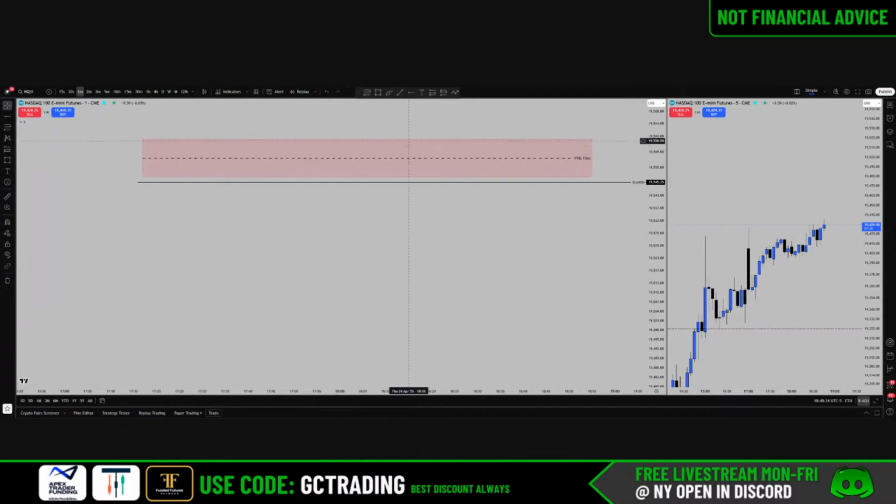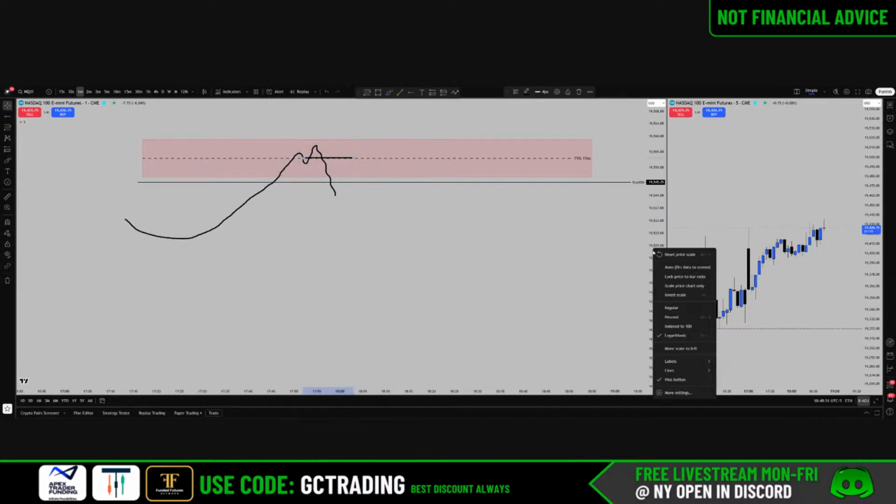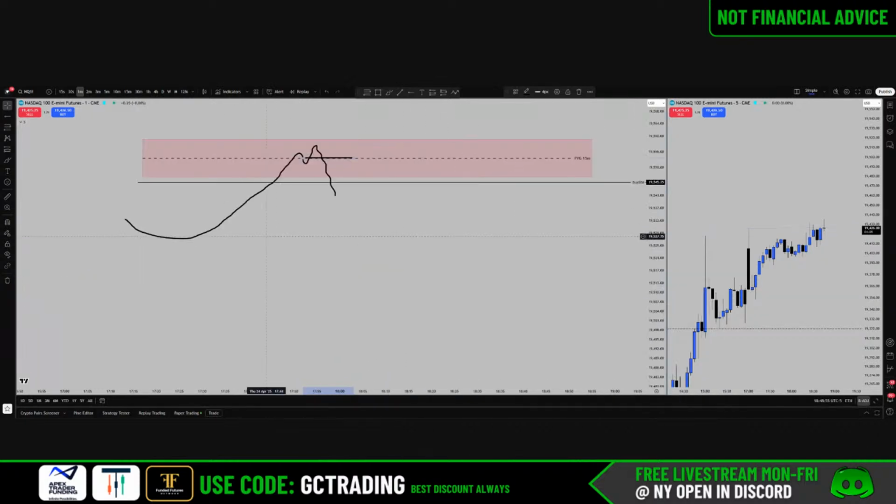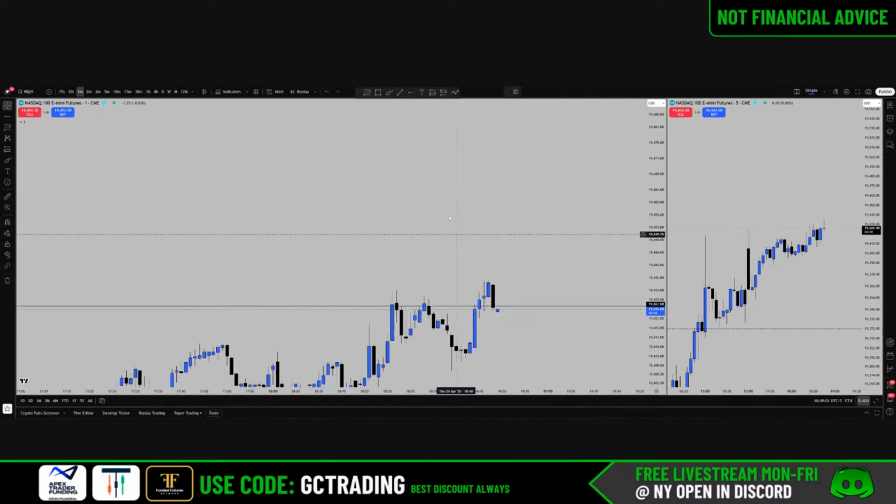What I'm looking for is price to pull up into this area, take out that buy side, sweep into that fair value gap, and then I look for my inversion in there, and that's where I'll get short. If we're looking to get long, it's the exact same thing, just inverted. So that's pretty much my entry model.